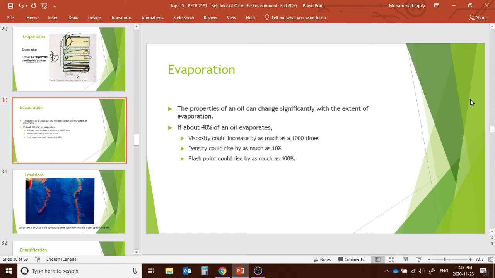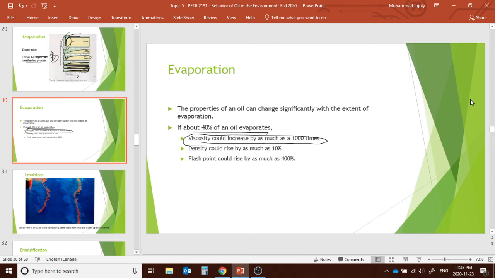Now, the properties of the oil change significantly with evaporation. If about 40% of the oil evaporates, what happens? The viscosity could increase as much as 1000 times, which is very alarming.